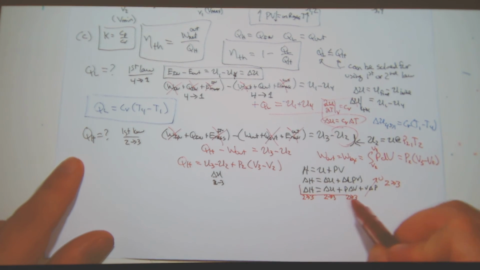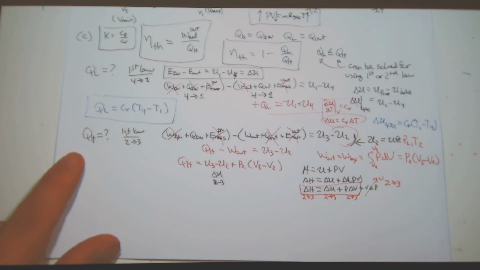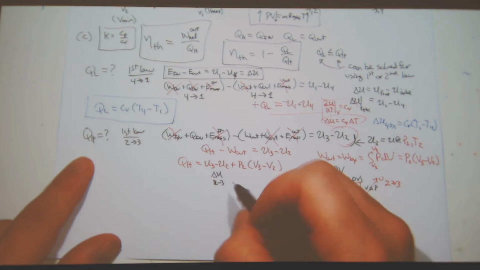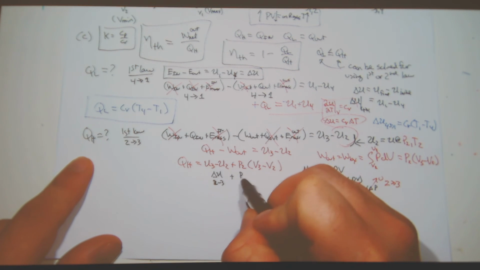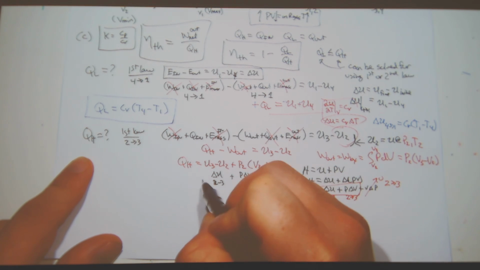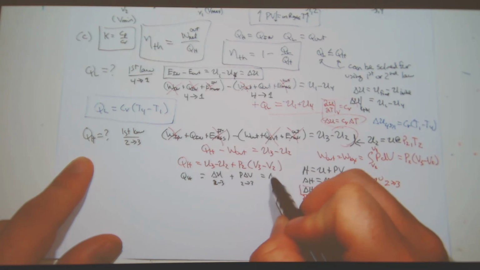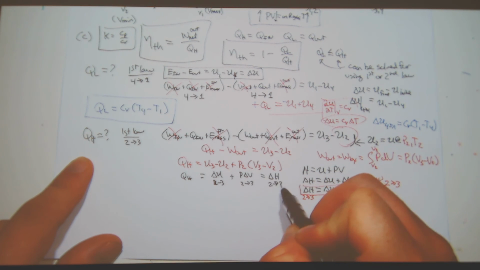And if I look at this whole segment right there, that is this. And this is delta H 2 to 3.